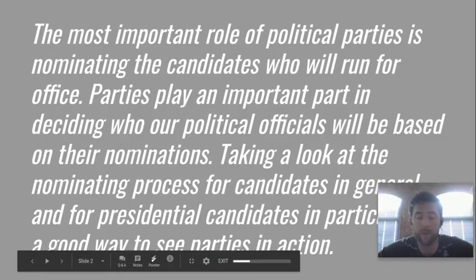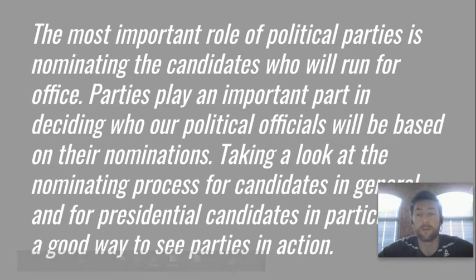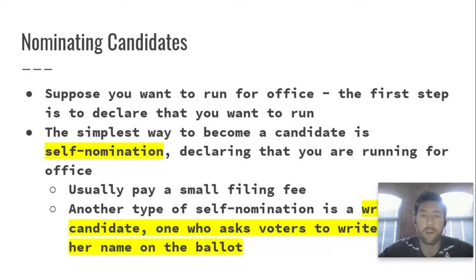Again, we're going to be focusing on the main role that political parties play, which is selecting the appropriate candidates. We're going to focus specifically on presidential candidates, although political parties play a role in electing governors, senators, even town councilmen and women, city councilors, all different levels of government.